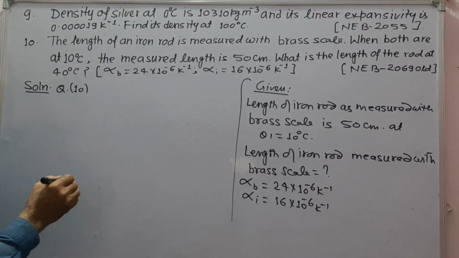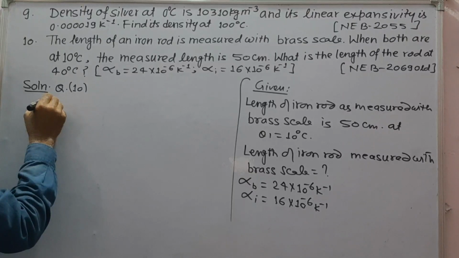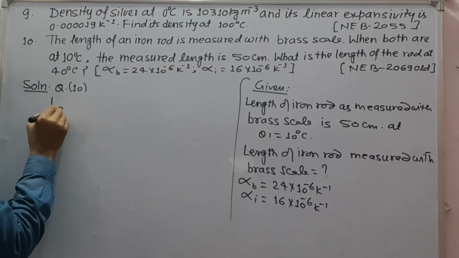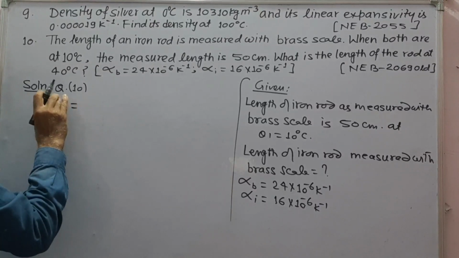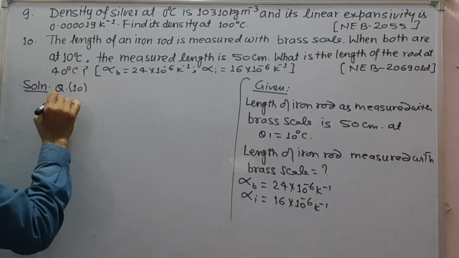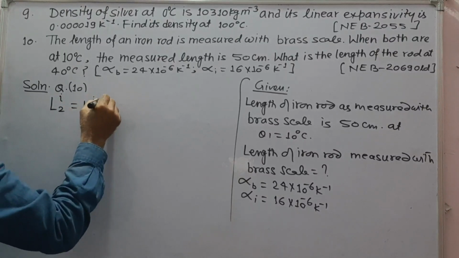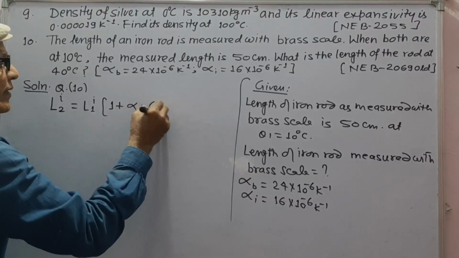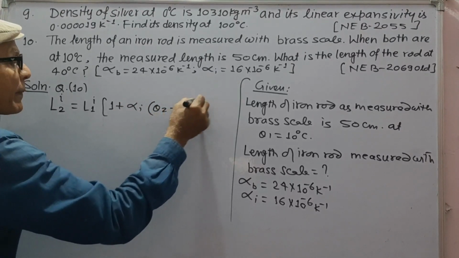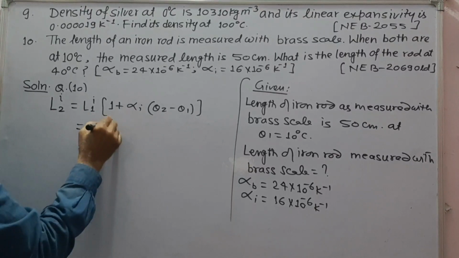Solution. L2 of iron will be equal to L1 of iron into 1 plus alpha of iron into theta 2 minus theta 1. L1 of iron is 50.